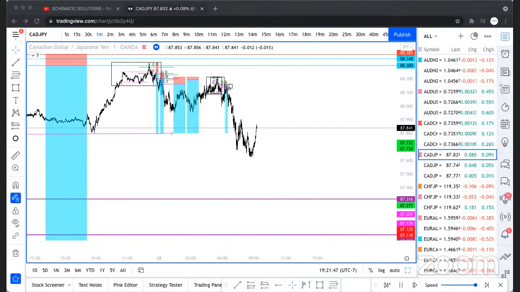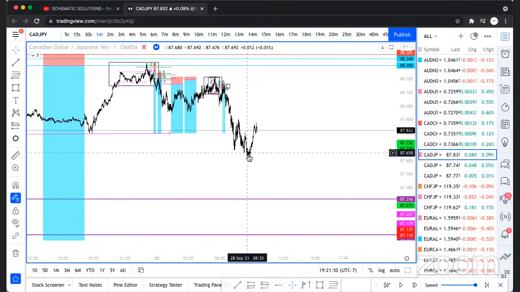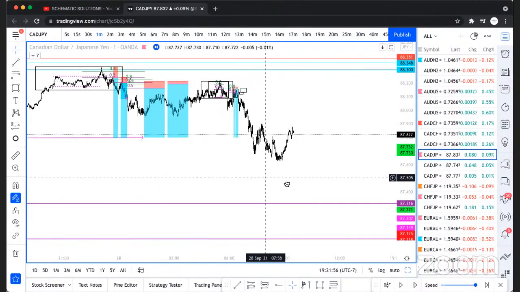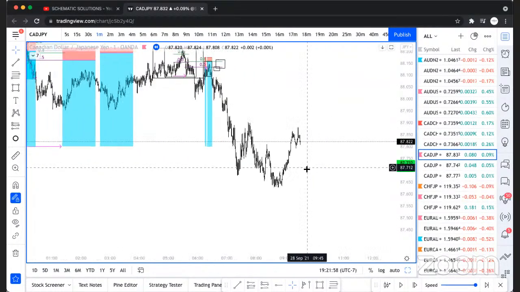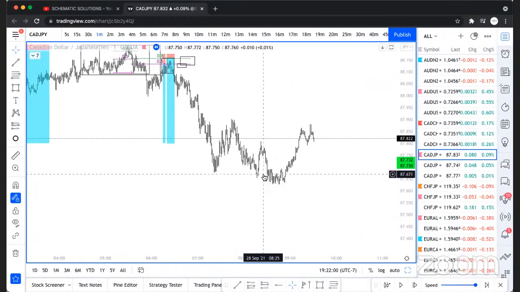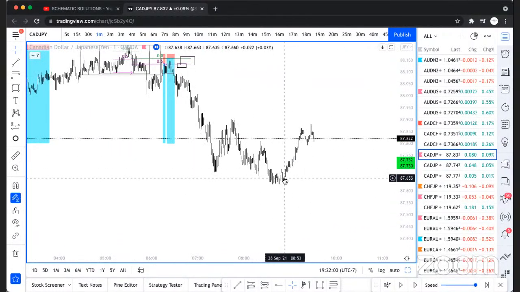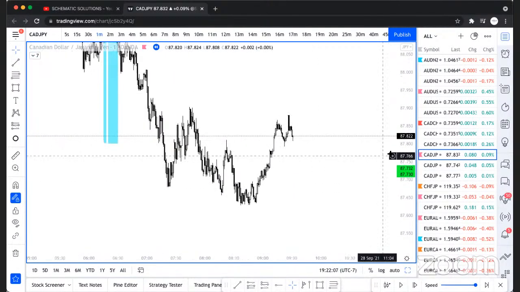Now, based off this price action, this was 8 in the morning, 7 in the morning. If you're looking at the charts as this is happening, would you have taken the partials down here? Yeah. Why or why not?